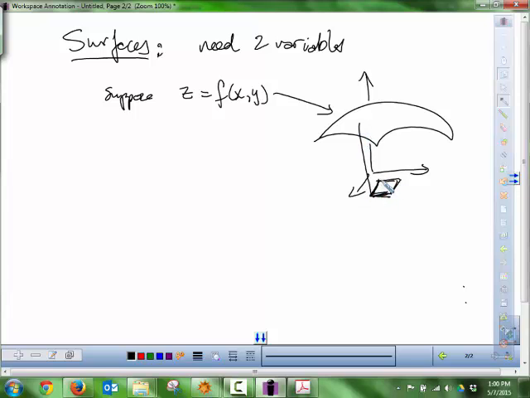So just like the curves, a lot of times we usually just want to restrict it to a specific length of a curve. We don't necessarily want the curves to go on forever. We have limits for t. So the same way we'll have limits for x and y. I was going to put x1, but let's use a and b, c and d.